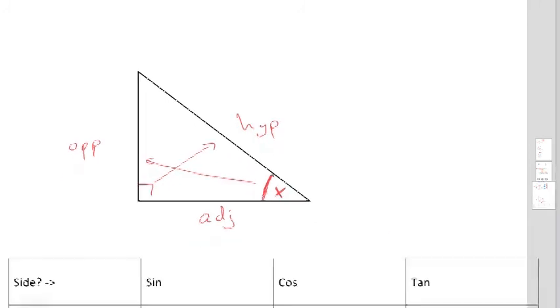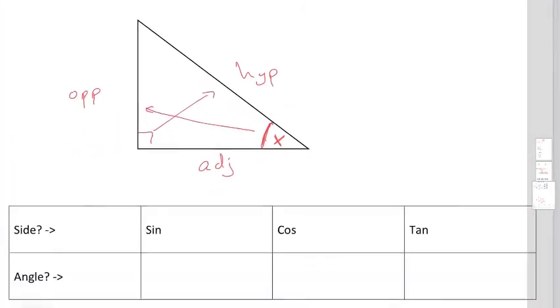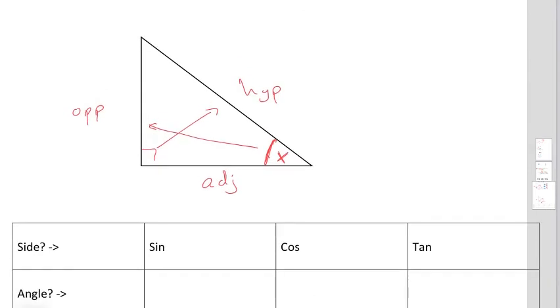So in this case, we're looking for an angle. If you were to set up your equation, you would have sine of x, because that's my angle of reference, and you would get it to be opposite over your hypotenuse. If you were to set up cosine, same thing, you would get adjacent over hypotenuse, and then tan of x would be opposite over adjacent.